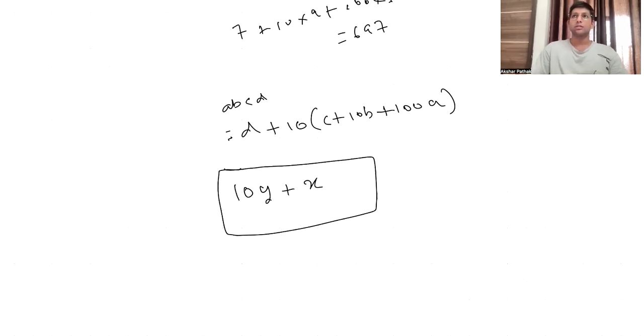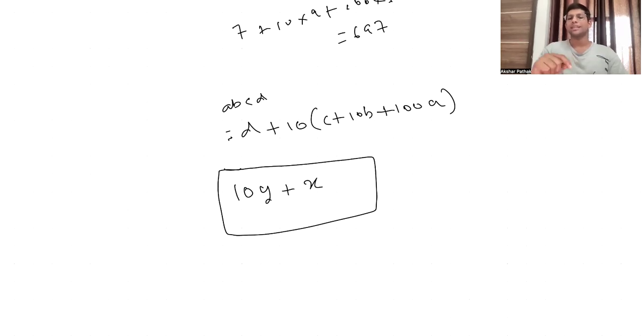We were trying to make that equation in the form of 2 or 9 or 3. Like when I was trying to prove the divisibility of 9, I wrote 10 as 9 plus 1. I was trying to relate it with 9.